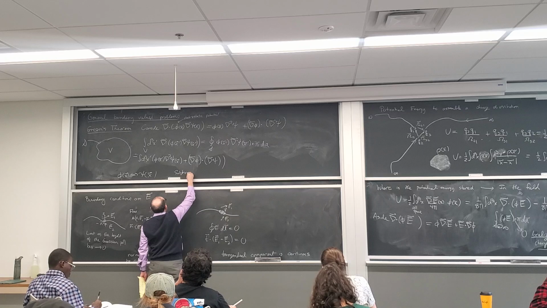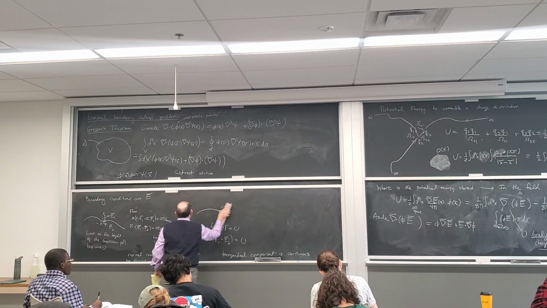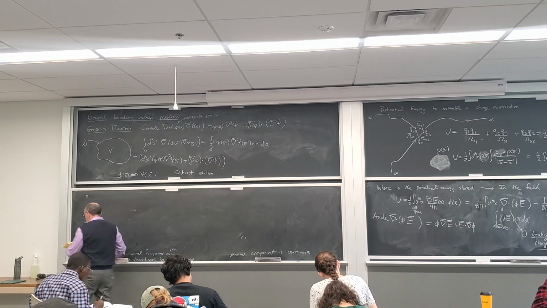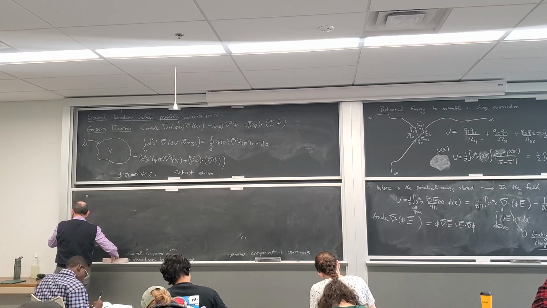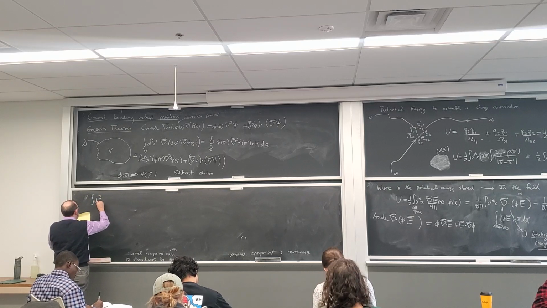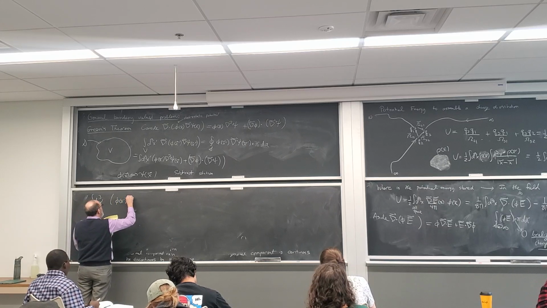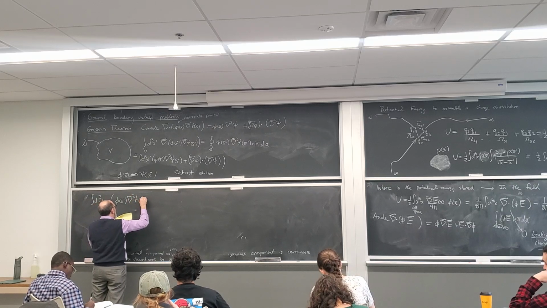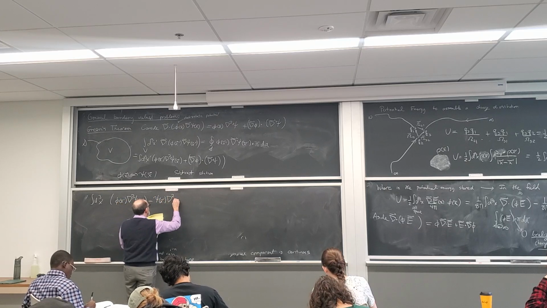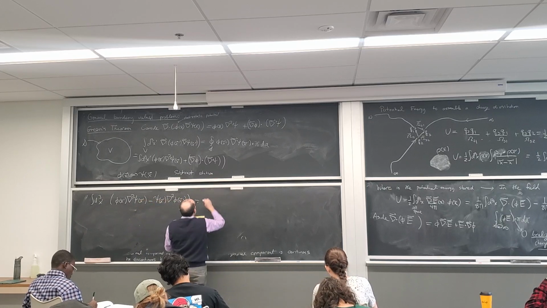When I do that, I get the following integrals: the integral d cubed x prime of phi at x prime times the Laplacian of psi at x prime, minus the reverse thing.